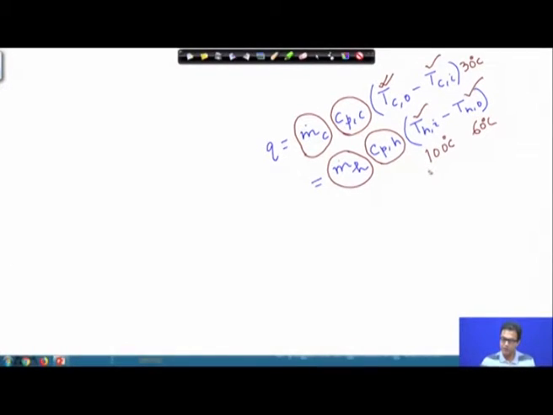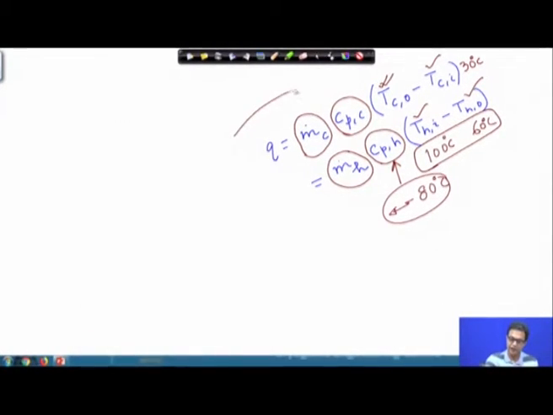Now, the hot fluid average temperature is already known to us, it is 80 degree centigrade. So, we can estimate the fluid properties at 80 degree centigrade. But that advantage is not there with the cold fluid, because the cold exit temperature is not known.